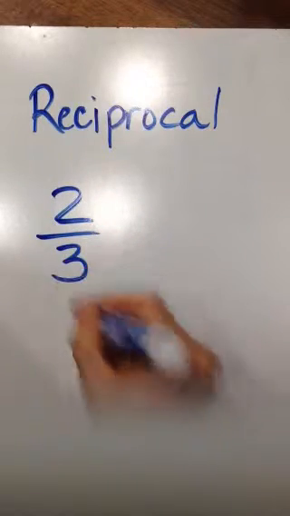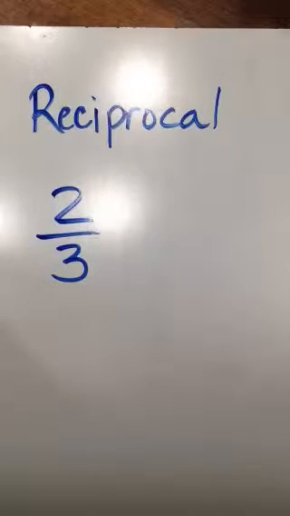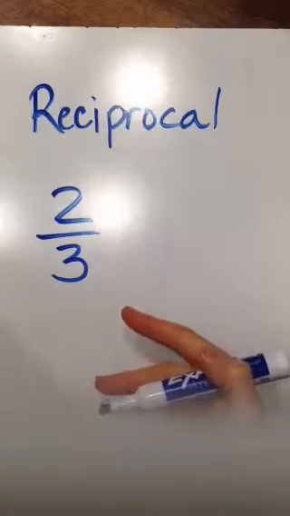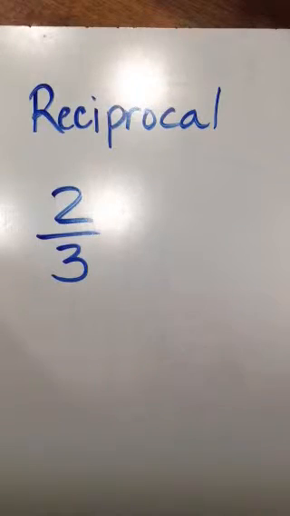is, let's say I had the fraction 2/3, and the reciprocal of 2/3 is actually the opposite, or for the positions of the numerator and the denominator to switch, okay? And this is called invert.